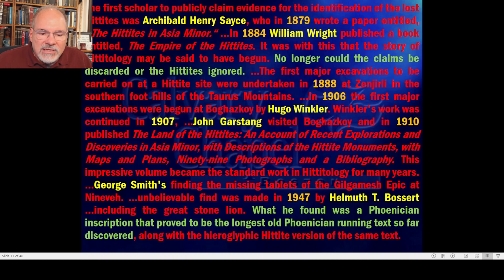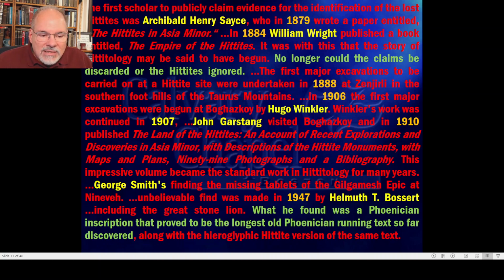John Garstang visited Bogazkoy, however you pronounce that, and in 1910 published The Land of the Hittites, an account of recent explorations and discoveries in Asia Minor with descriptions of the Hittite monuments, with maps and plans, 99 photographs, and a bibliography. This impressive volume became the standard work in Hittitology for many years.